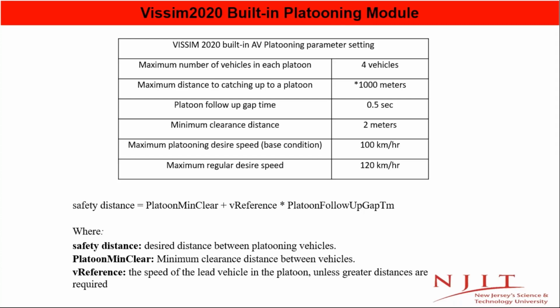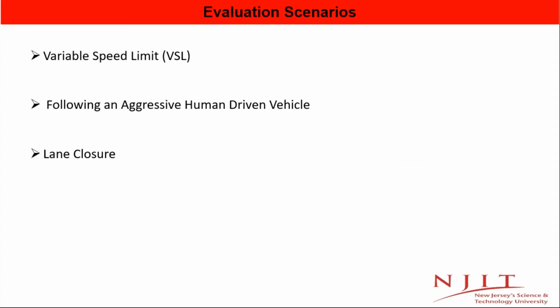So we set the maximum number of vehicles in each platoon to 4, platooning following up gap to 0.5, and minimum clearance distance to 2 meters. We also have the same parameters in the SMD model. And the safety distance has the same formula in the Vissim 2020 module, which is a function of vehicle speed.